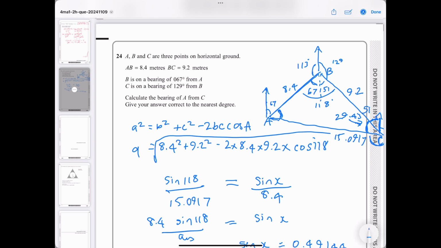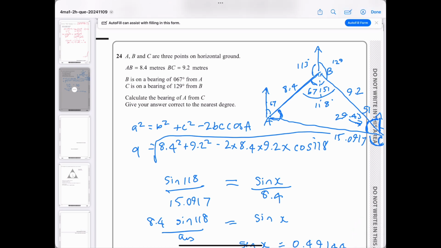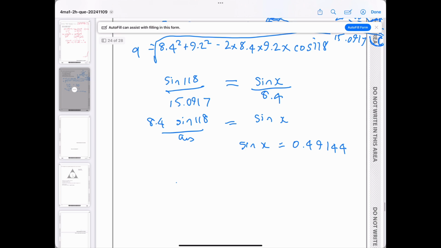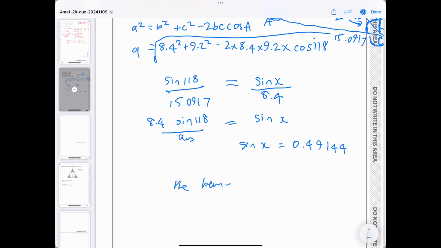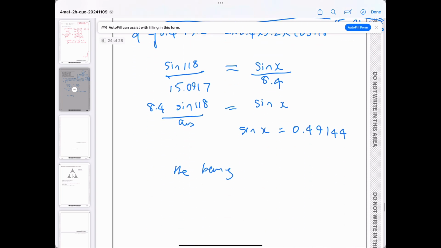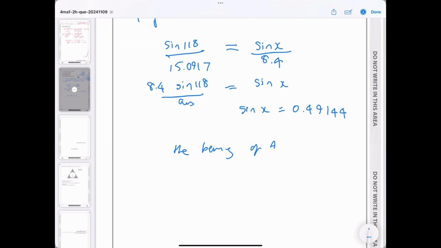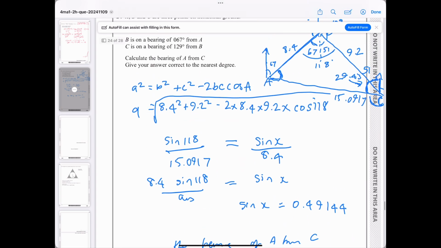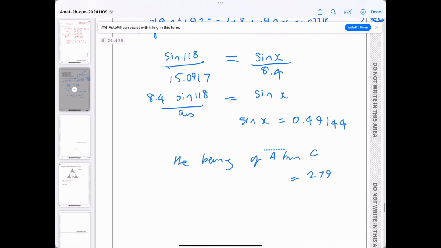So now add 51 onto that, and you get 80.43, and then take that away from 360, and that gives you 279. So the bearing of A from C equals 279. To the nearest degree, it's 280 degrees.